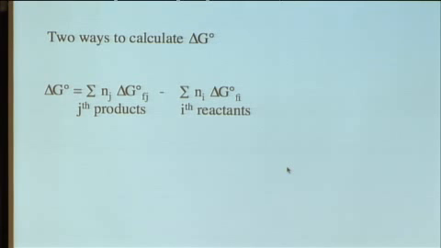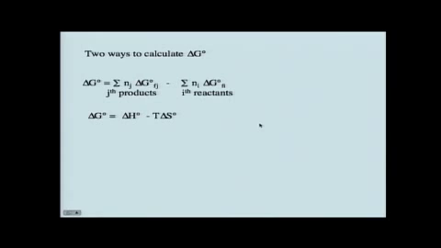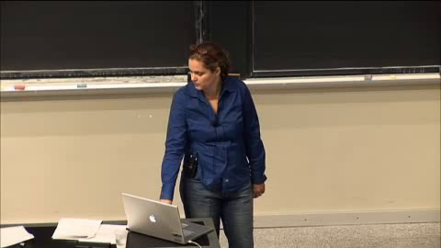So you can think about the delta Gs of formation. And we can think about one of my personal favorites, which is a relationship between delta H and T delta S. So you can think about your enthalpies and your entropies at a certain temperature. And you can calculate delta G, and from that you can get the equilibrium constant.